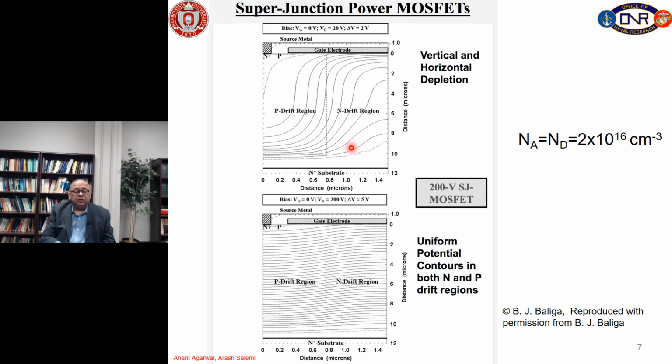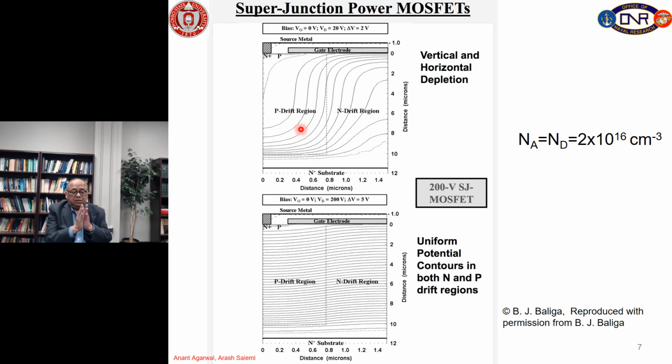The N-type drift region, half of it is 0.75 micron, but the full N would be 1.5 up to this point. Similarly, P is 0.75 micron, but for the full cell it would be 1.5 micron. Now, these are equipotential contours at 20 volts on the drain here.